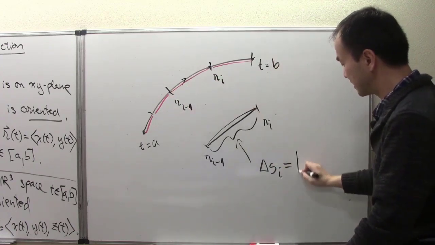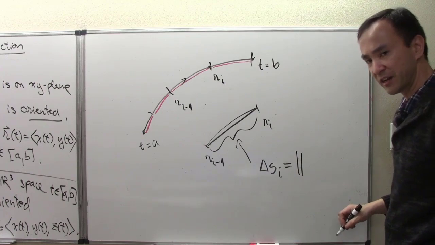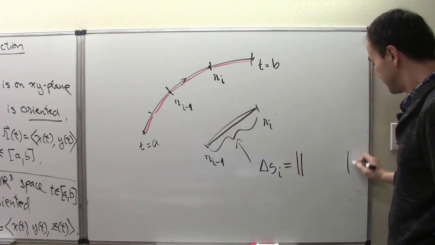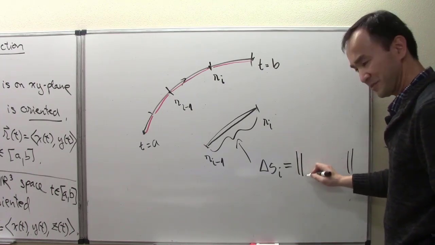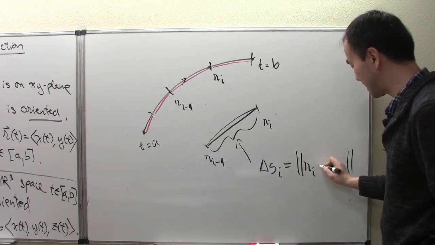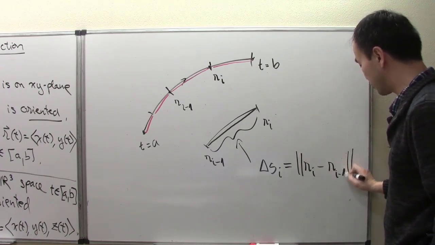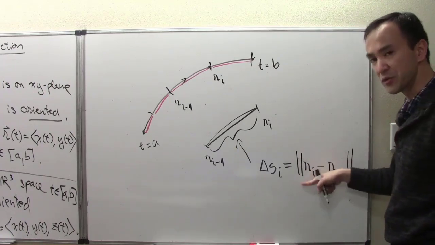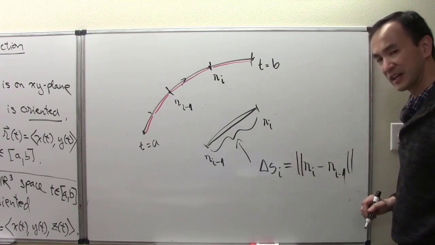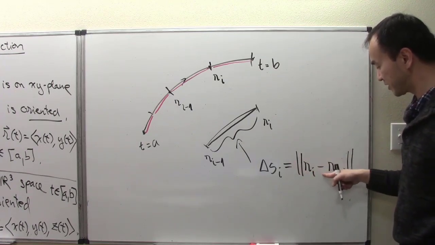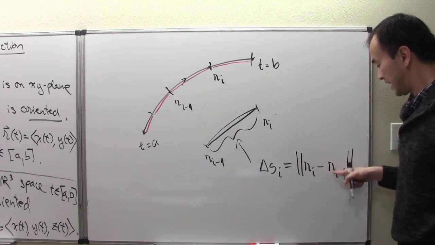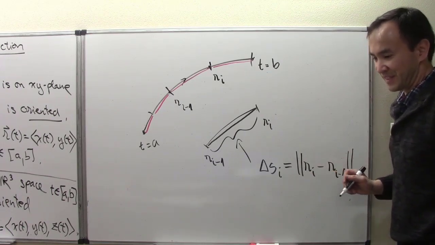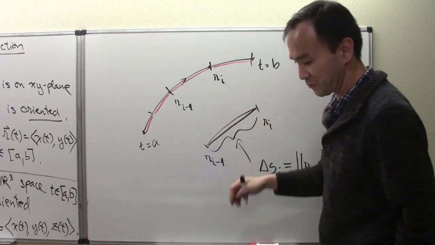That means the length, in our understanding of vectors, is the norm of r sub i minus r sub i minus 1. Or it's the magnitude, in proper vector language, of this difference between r sub i and r sub i minus 1. All right, and so that's what describes it.